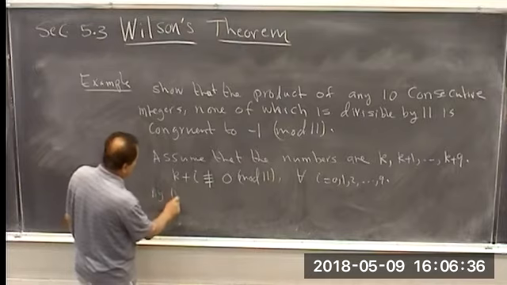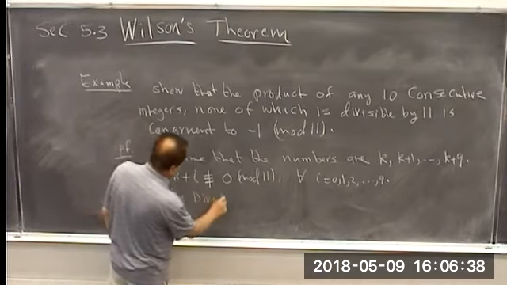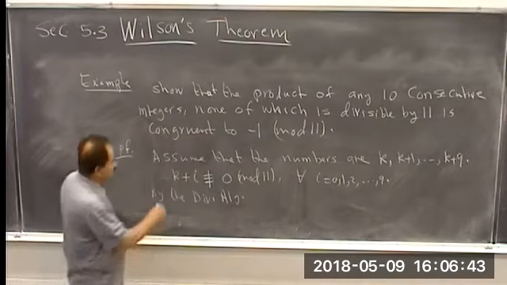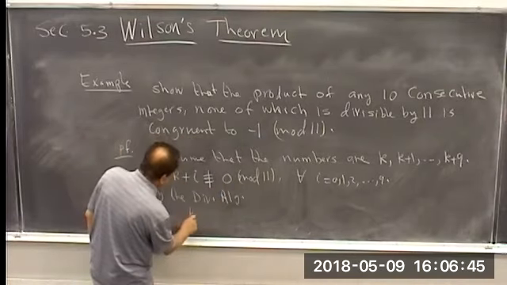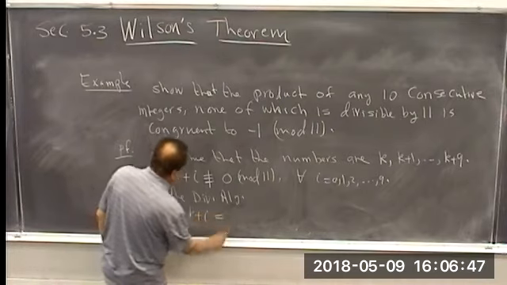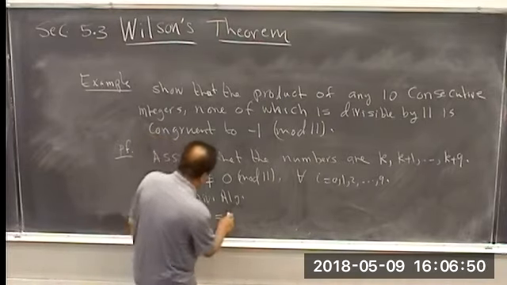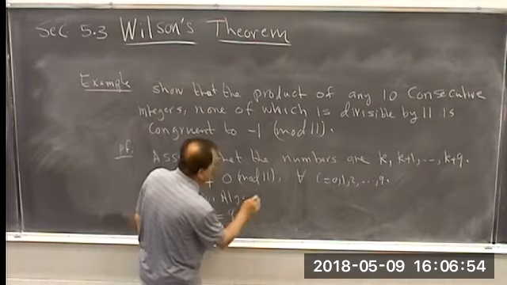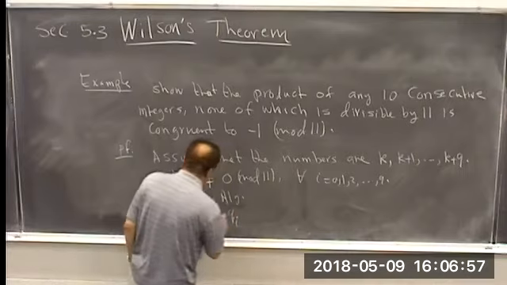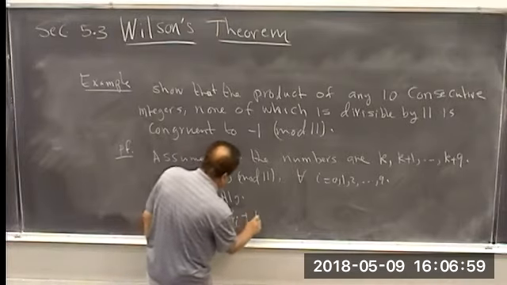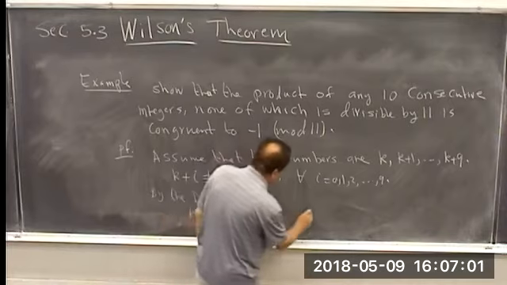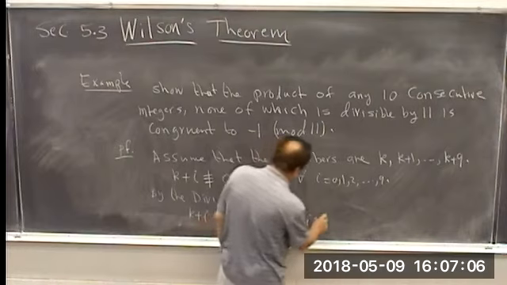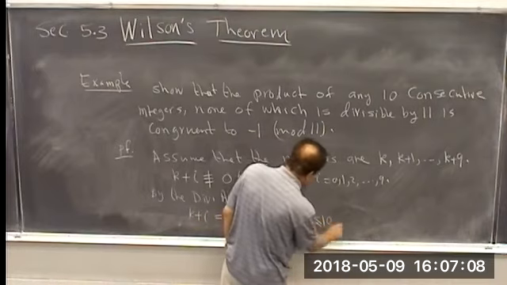By the division algorithm, I can write each k plus i as 11 q sub i plus r sub i, where r sub i is greater than or equal to 0 and less than 11, or less than or equal to 10.